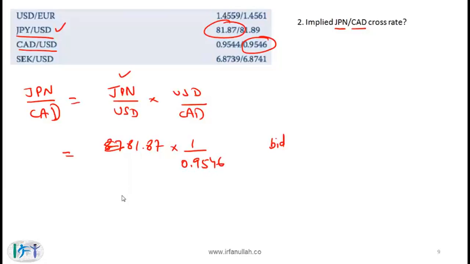What about the offer? The offer, we will start with 81.89, multiplied by the reciprocal of this number. So multiplied by 1 over 0.9544. So you do this math and you get the offer.